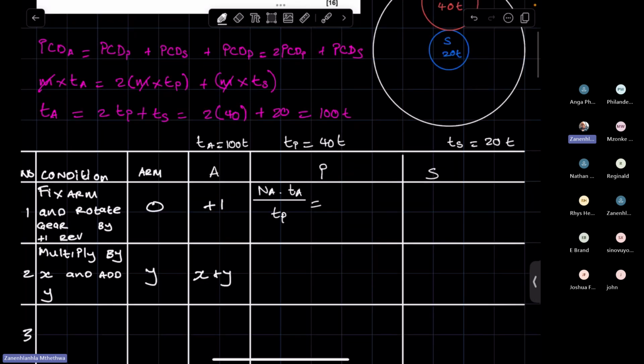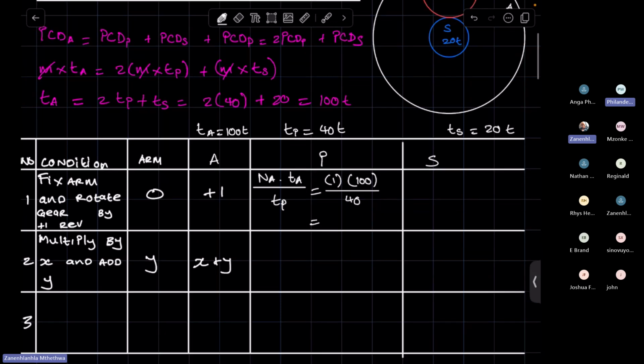What is NA equal to? Remember, you were told that the annulus is rotating by 1 revolution clockwise. So NA is 1, so this is 1 times TA. TA we calculated and got 100, so that's 100 divided by TP. TP is 40. What is 100 divided by 40? 2.5.